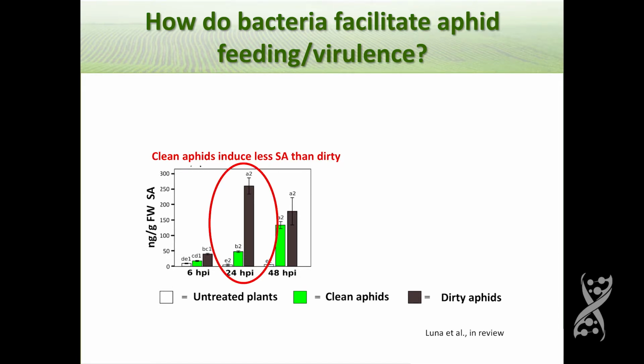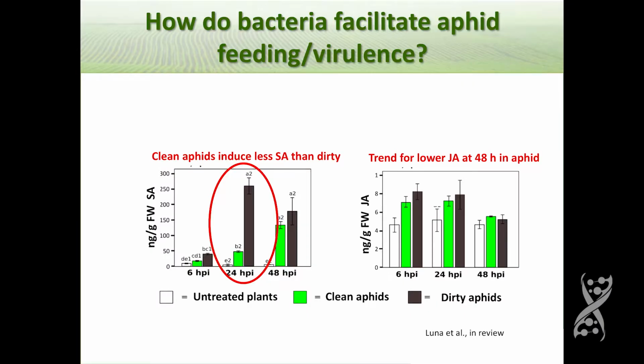And what we found is that, yes, indeed, the clean aphids, which are the green bars, induce less salicylic acid than the dirty aphids, consistent with the salicylic acid being induced by the bacteria. And the trend for jasmonic acid was not as clear.